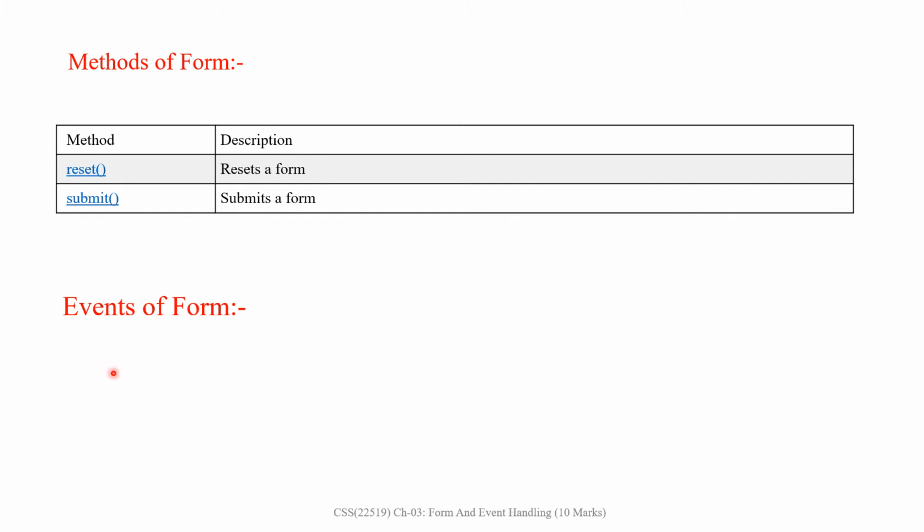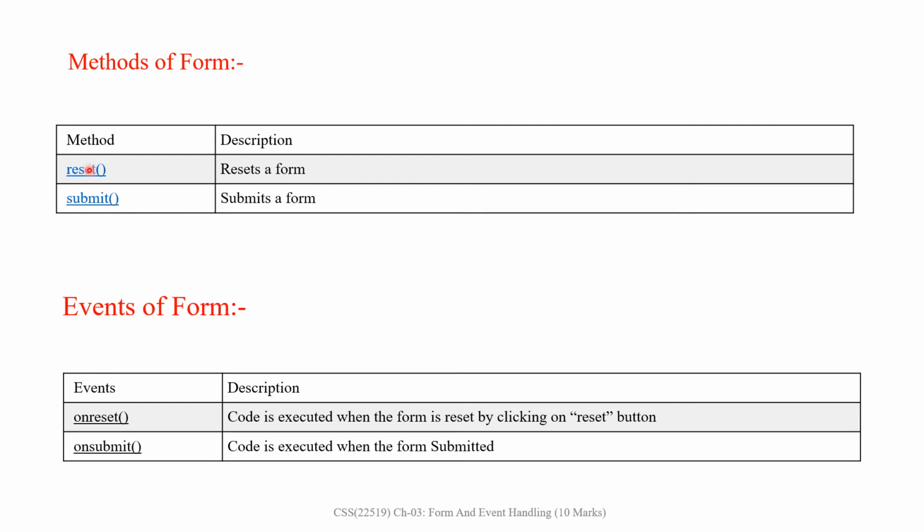These events depend upon these methods. The first event is onreset. Code is executed when the form is reset by clicking the reset button. And onsubmit, code is executed when the form is submitted. These are the events in JavaScript, onreset and onsubmit.